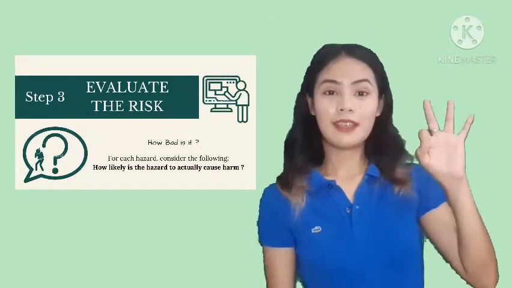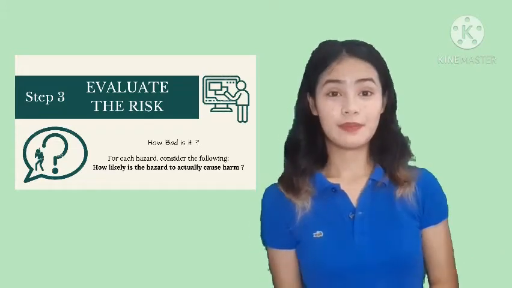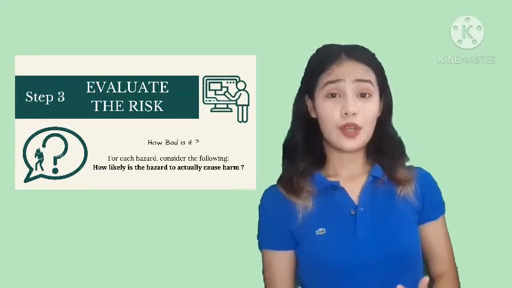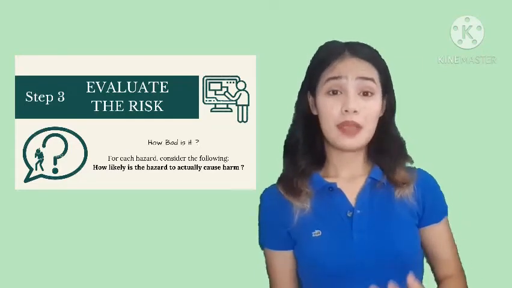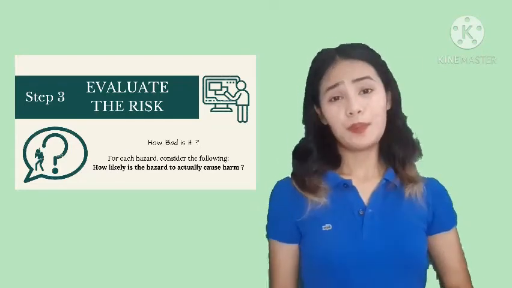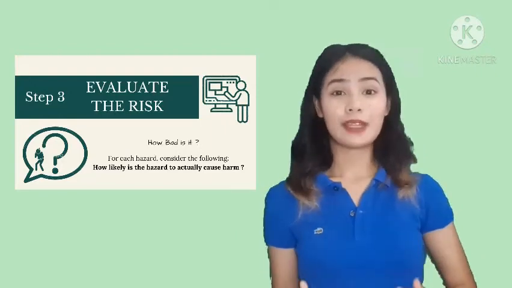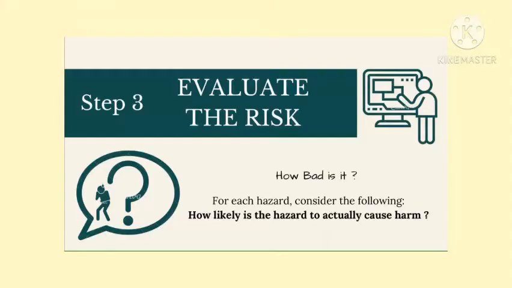Step 3. Evaluating risk. Risk evaluation is important. It attempts to define what the estimated risk actually means to people concerned with or affected by the risk. How bad is it? For each hazard, consider the following. How likely is the hazard to actually cause harm?